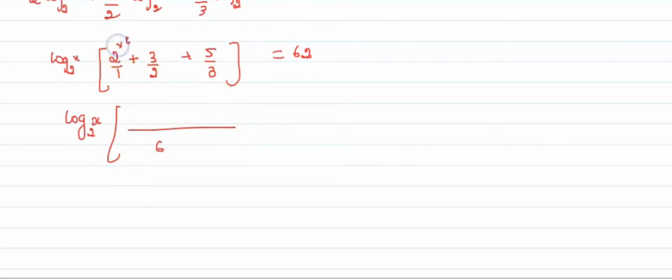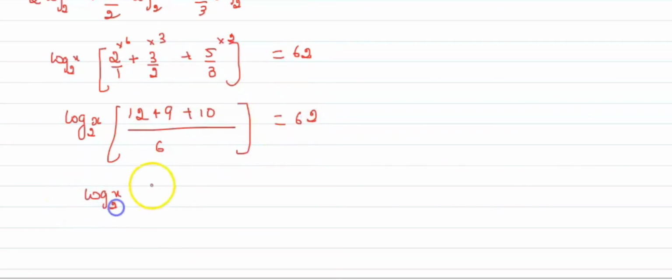So this will multiply by 6, this will multiply by 3 and this will multiply by 2. 6 twos are 12, 3 threes are 9, 5 twos are 10, by 6 equals 62. So this is log x to the base 2 times (12 plus 9 is 21, 21 plus 10 is 31), 31 by 6 equals 62.